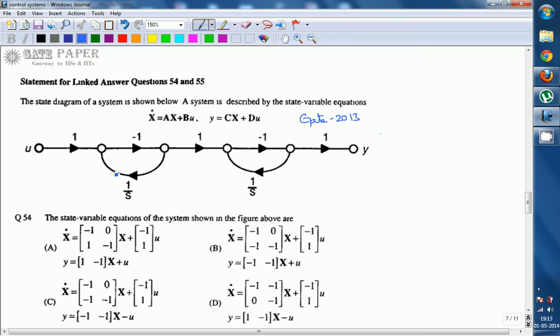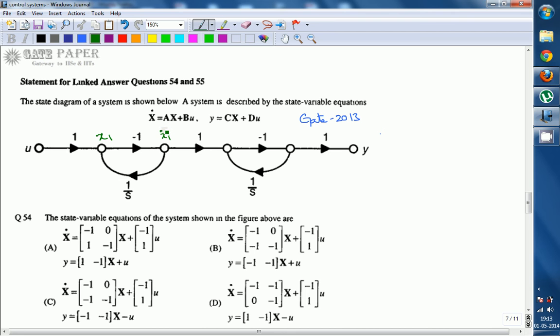Let us consider one variable x1 here. I am taking this as x1 dot.